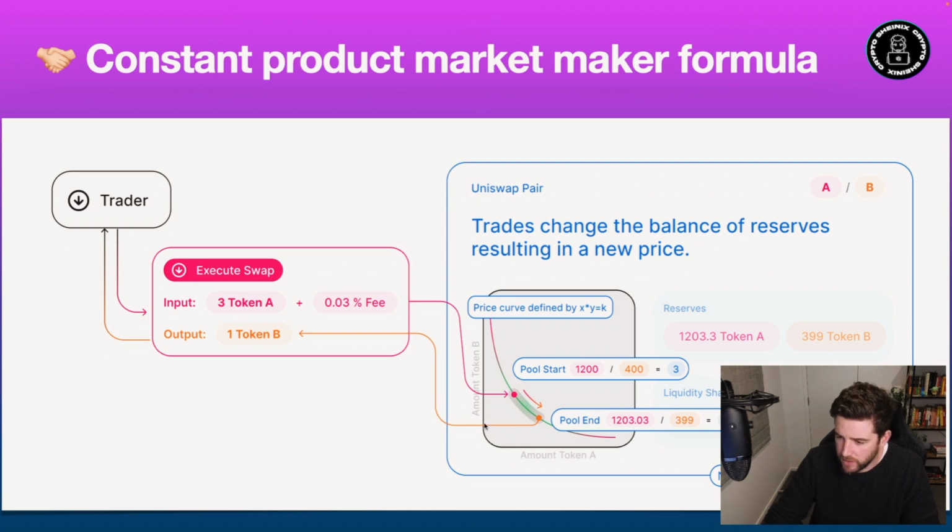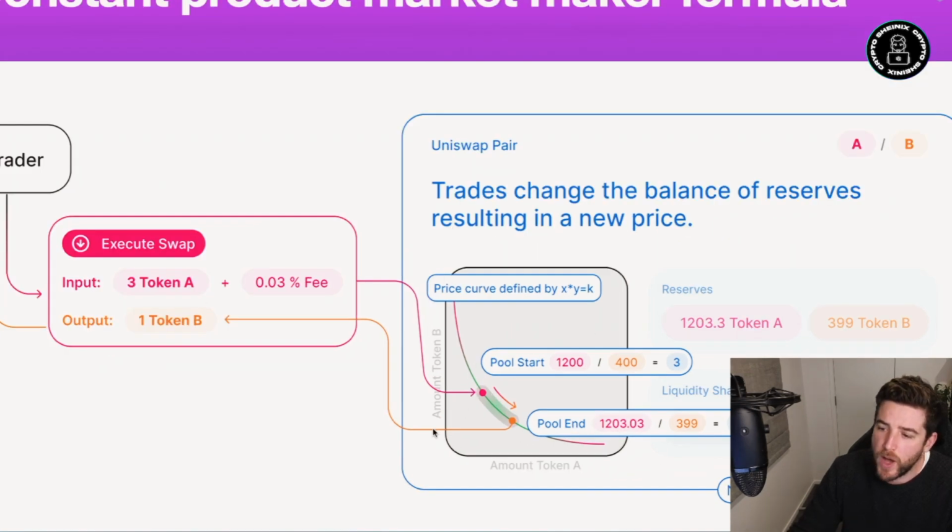What we are saying here is the price curve defined by x times y equals k, with k a constant. This is the curve that describes this formula. On the y-axis, we have the amount of token B in the pool, and on the x-axis, the amount of token A in the pool.